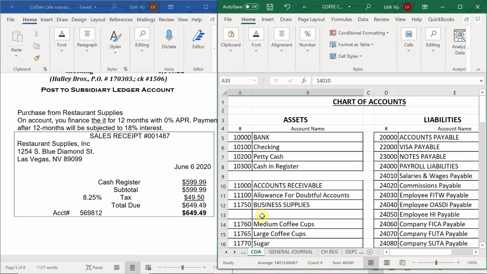No, that's assuming the amount. The biggest hint is if I'm owing somebody money, what's your automatic assumption? What kind of account type is this? That's account payable, right?